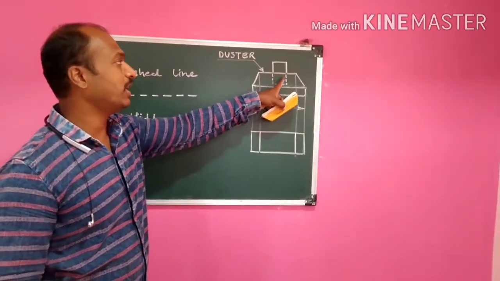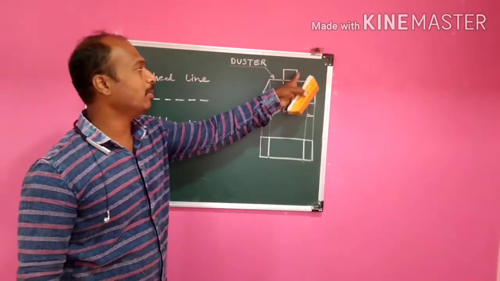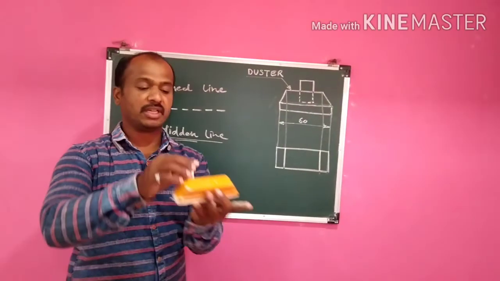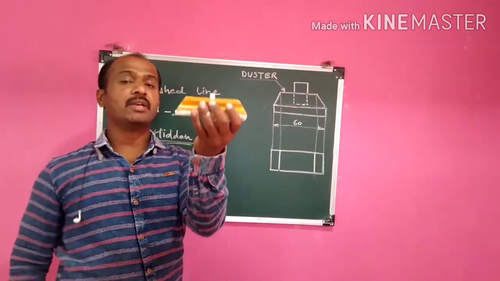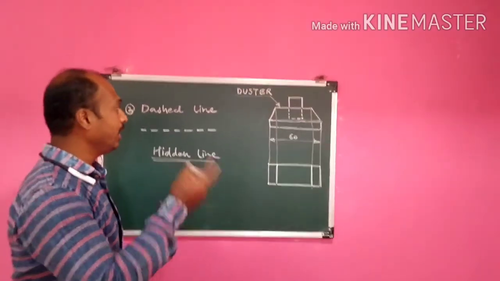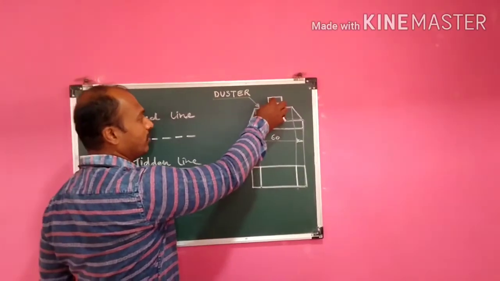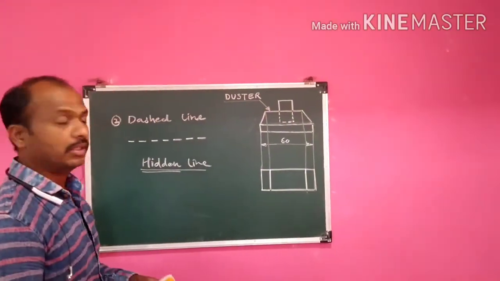So this is the hidden portion that we draw using the hidden line, that is the dash line, and the visible portion we draw using the continuous thick line. So we use the continuous thick line for visible and the dash line for the hidden part.